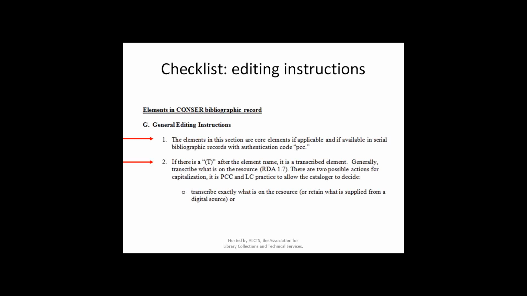And then there are some general editing instructions, and I've already pointed out that these documents contain hints, little highlights for when certain elements need to be transcribed, and point to the guidelines in RDA for transcription, and give information about supplying information if needed.